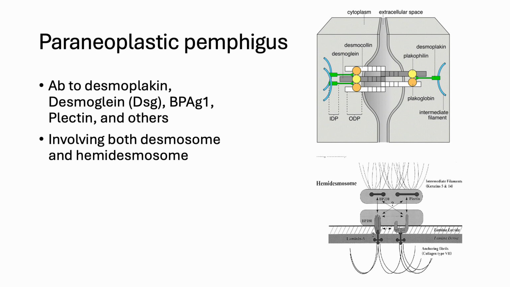As the arrows depicted here, you can see the antibodies mainly target structures including desmoglein, desmoplakin, BPAG1 aka BP230, as well as plectin and a lot of other things. And because of the involvement of both desmosome and hemidesmosome, the clinical presentation can have an overlap.